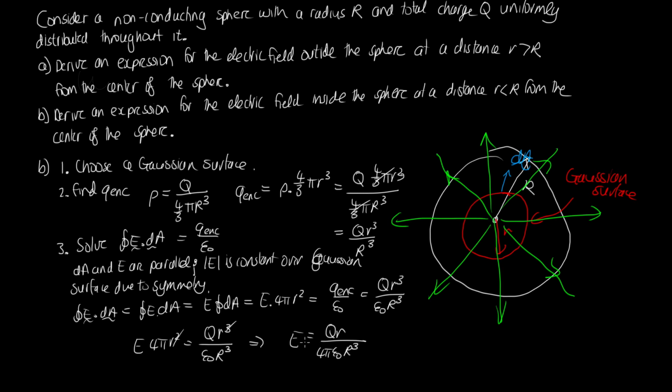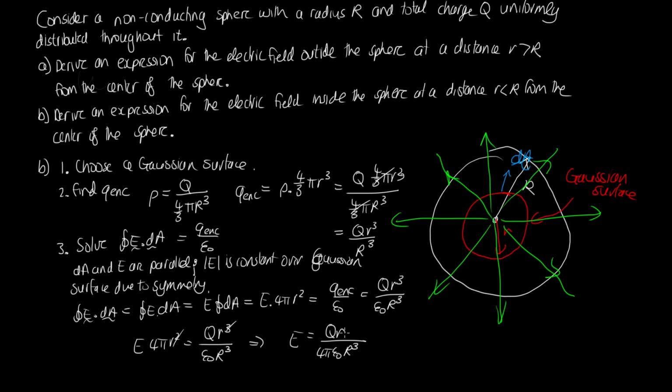Now we should just check that it's sensible. We'd expect that at the very center of the sphere, at r equals 0, we would have no electric field, because of the symmetry, because there's no enclosed charge there, and also we'd expect any contributions on either side to cancel each other out. So this does go to 0 when little r goes to 0.